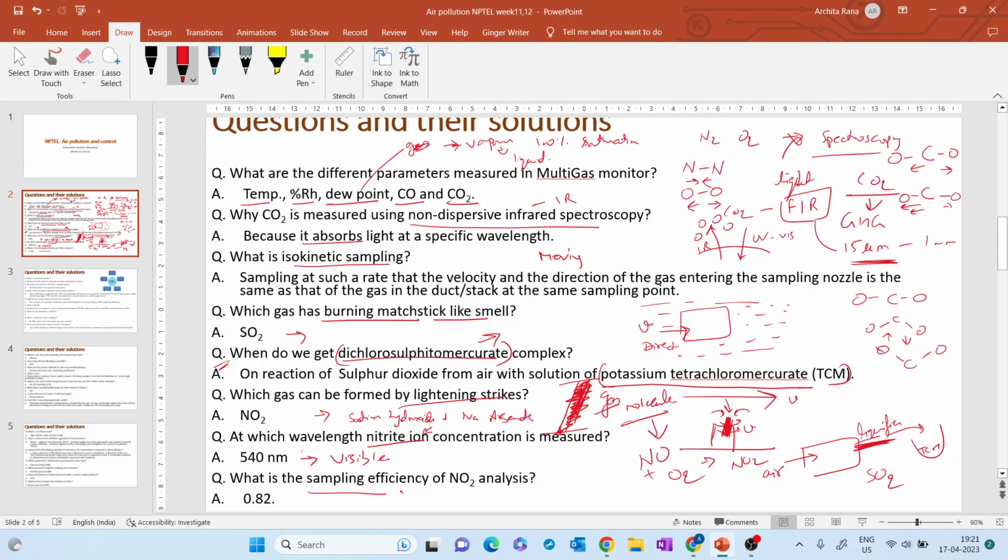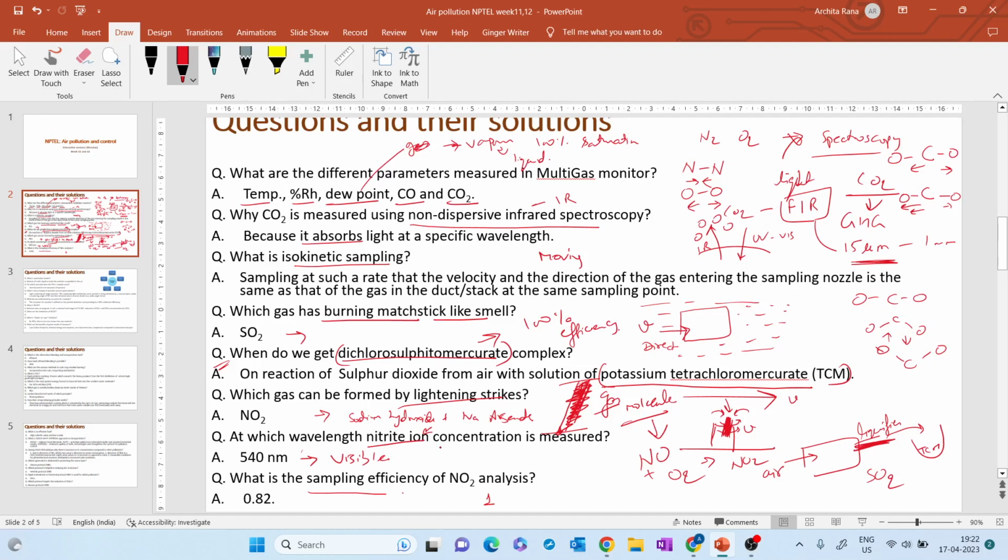And sampling efficiency is, let's say, one. In the case of SO2, they have not used anything, so you can consider that it is one, that they are considering 100% efficiency of SO2 sampling.